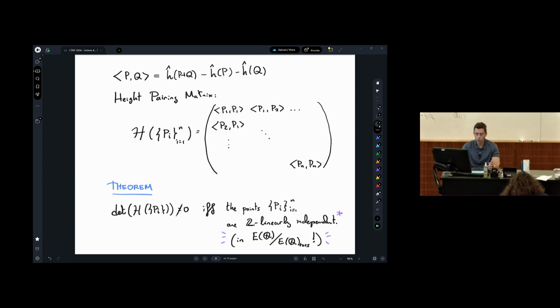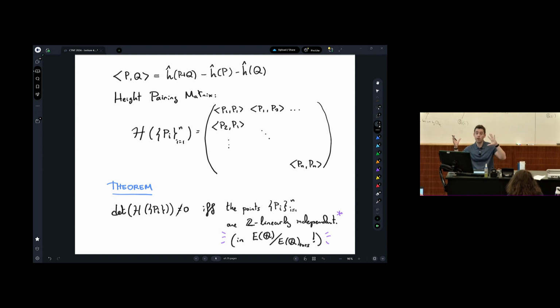I do have a conceptual understanding of this. Remember, I said these properties, the parallelogram law. What's happening is that I am constructing some sort of parallelepiped in some n-dimensional space, and what I want to know is that this parallelepiped actually has a volume. The determinant of this matrix gives me the volume of this parallelepiped I'm constructing, and as long as that determinant is non-zero, this parallelepiped has a volume.